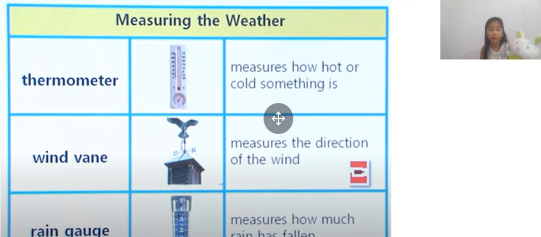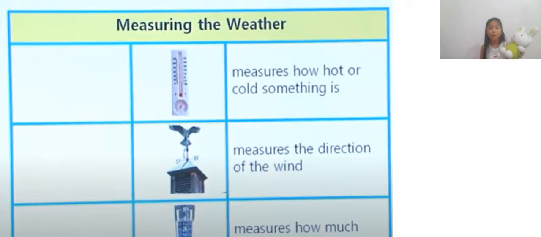So now let's do some projects. We have this table, this chart. Now I need you to find the word that best matches these pictures. First, what do we have here? We have a very special kind of tool that can be used to measure how hot or cold something is.